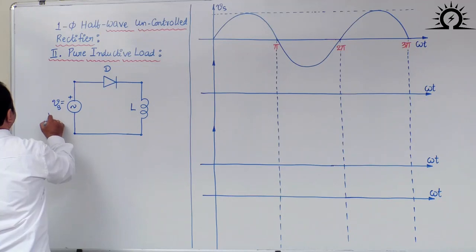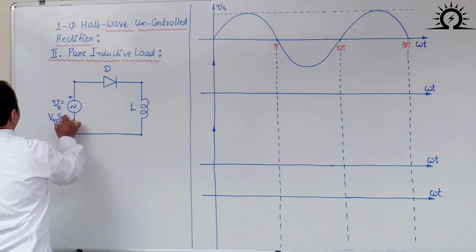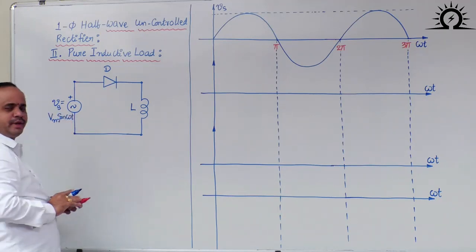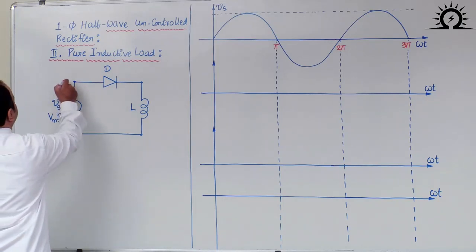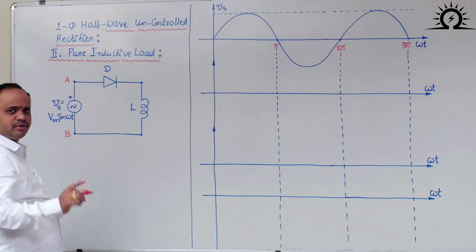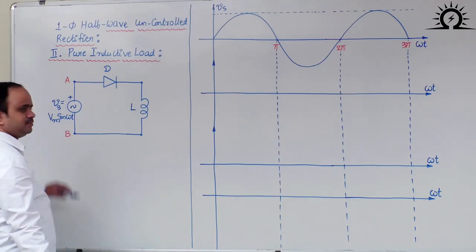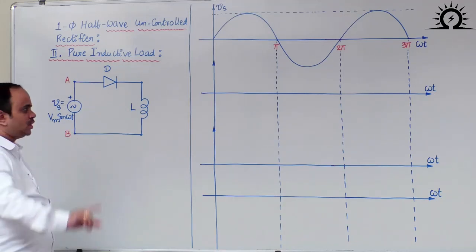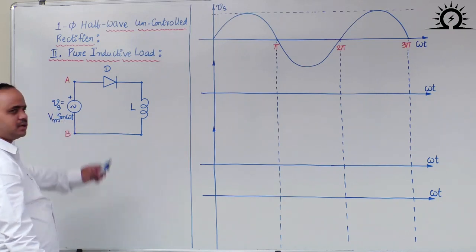Here, the source voltage Vs is equal to Vm sin omega t as earlier. The source terminals, we have given the name A and B in the previous lecture. Let us follow in the same notation.